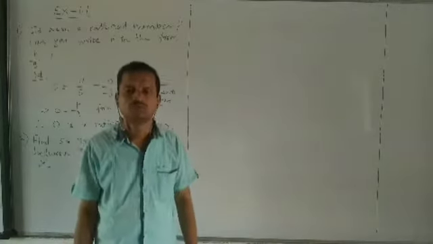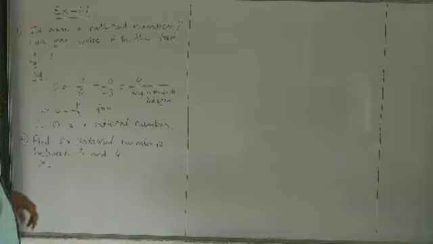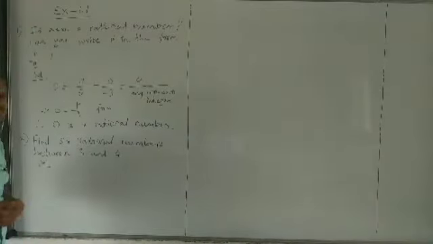And now coming to exercise 1.1. The first question is: is 0 a rational number? Can you write it in the form P by Q, where P, Q are integers and Q not equal to 0? That's the condition for rational numbers.